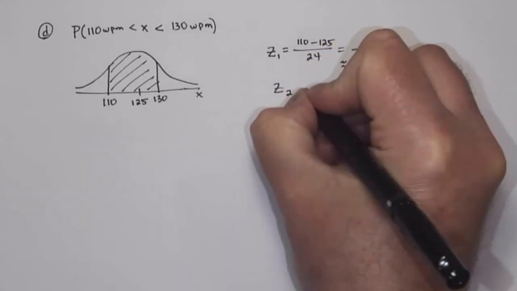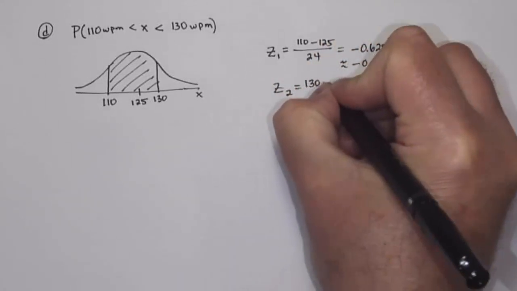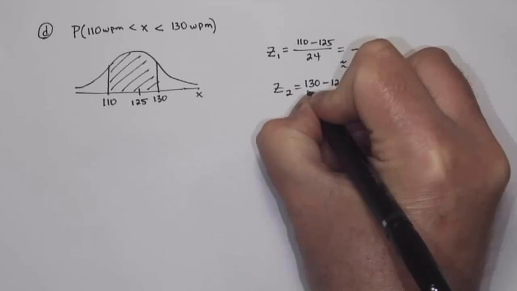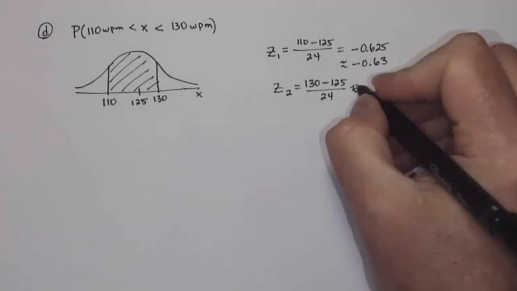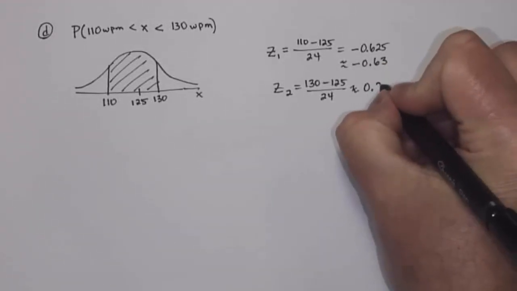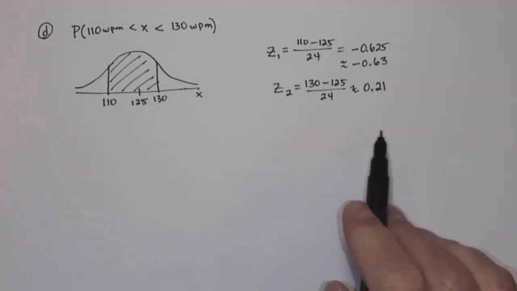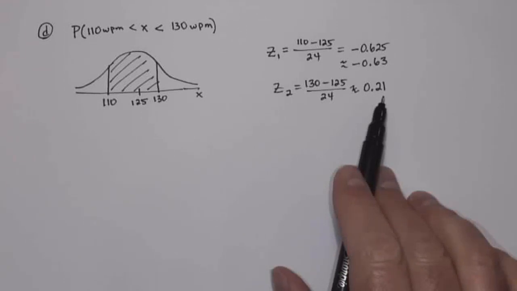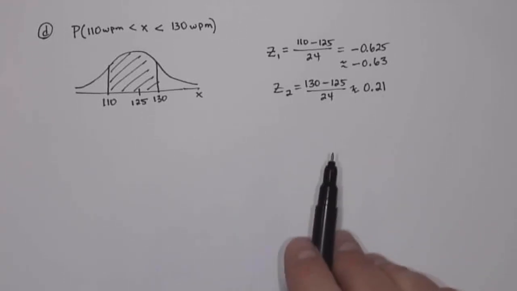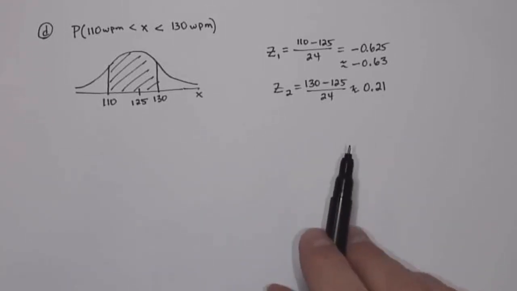Changing 130 to a z-score, (130 minus 125) divided by 24 gives us approximately 0.21. We really get 0.208333. The 3 keeps repeating, so that's going to round to 0.21.